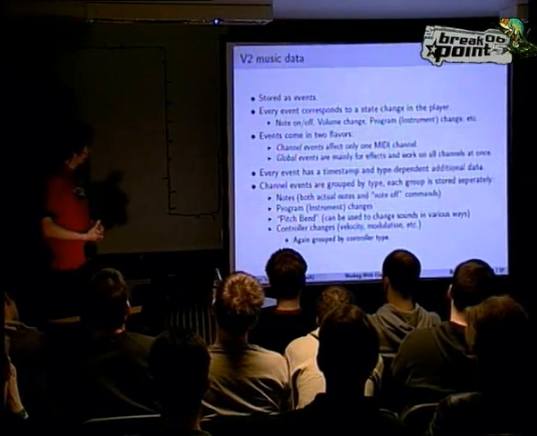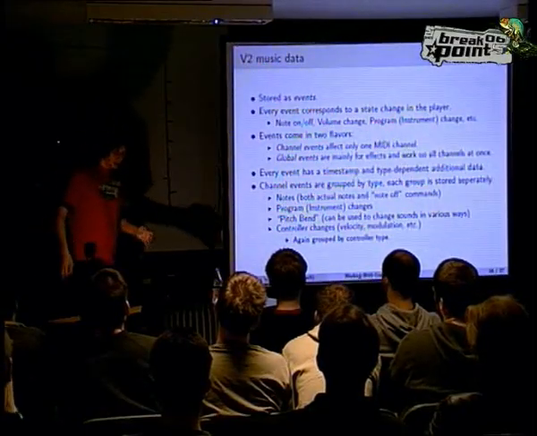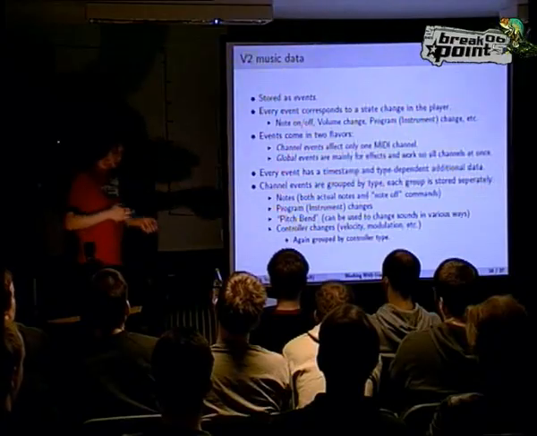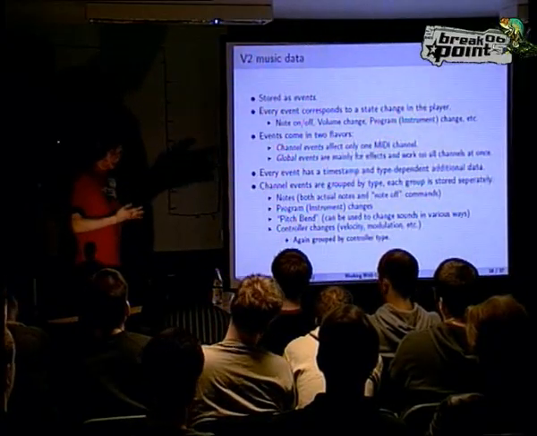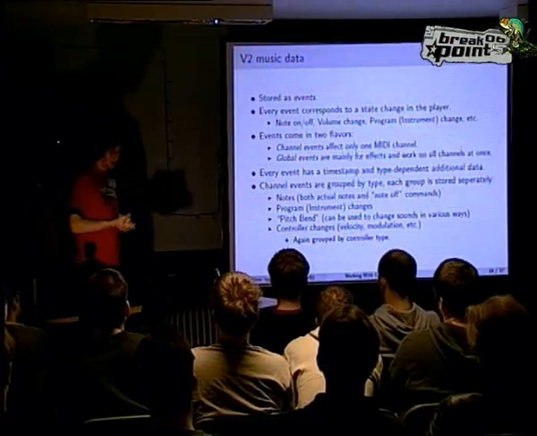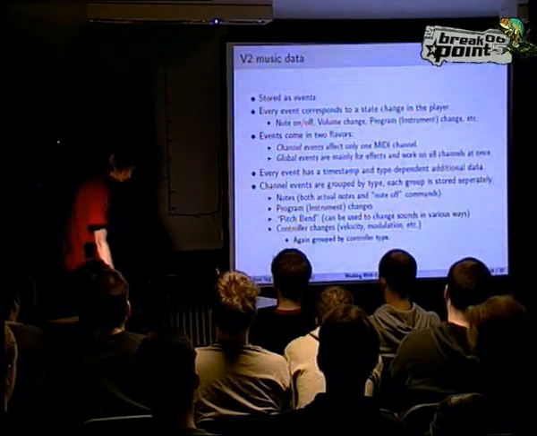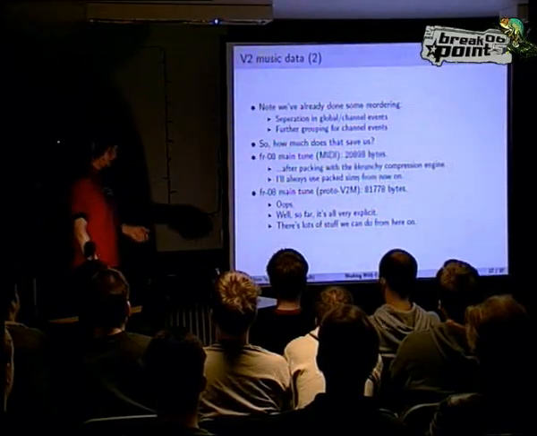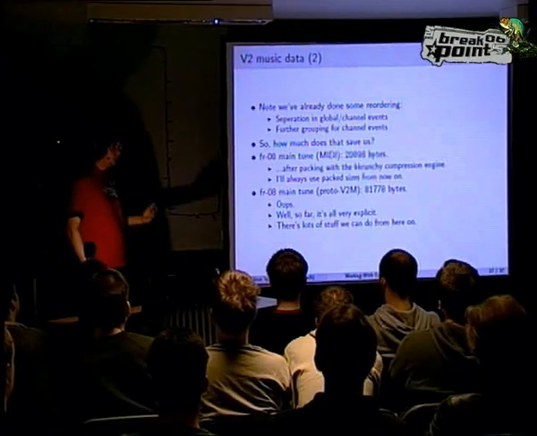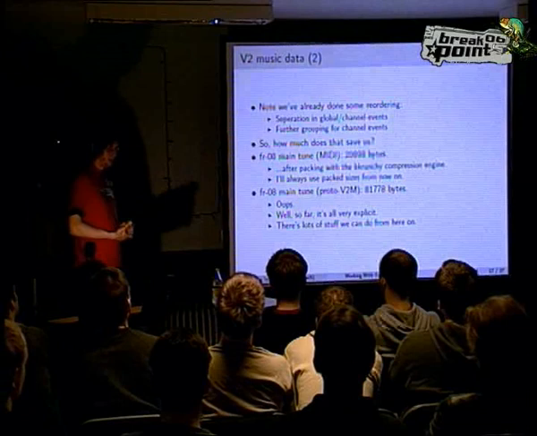This is up to the musician to use or not, but this is a different stream. There are controller changes. A controller is something like velocity, loudness, modulation, and so on, all again stored separately, and again grouped by the type of the controller. So we've already done some reordering there because we've separated everything into global and channel events, and we have some further grouping for the channel events.